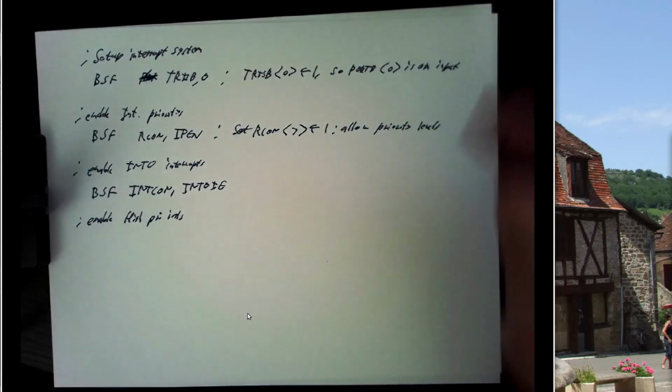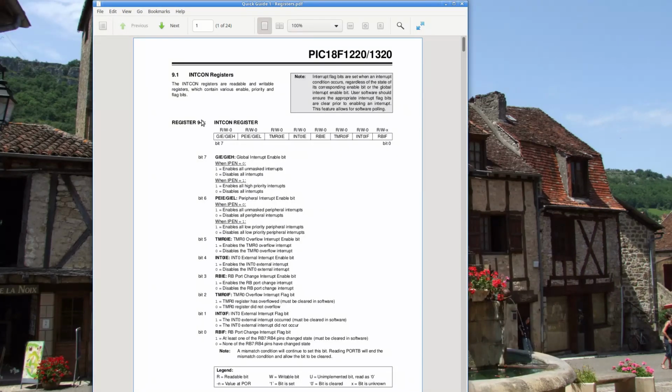There's like a global enable. And that global enable is, in this case, bit 7 of intcon, and it's global interrupt enable high. Right? It's not GIE, it's GIEH, global interrupt enable high. And if we want to do low priority interrupts, we say global interrupt enable low.